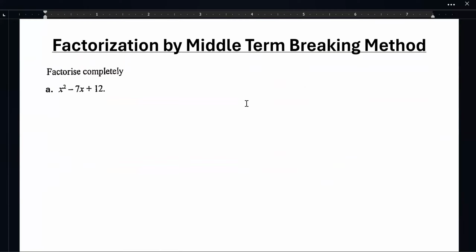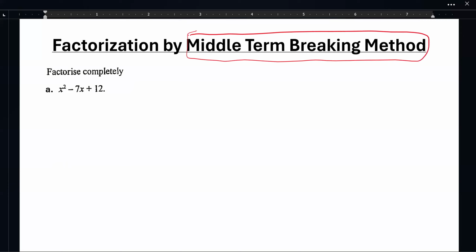So first thing first, whenever you find three terms, observe: do you see anything common here in all three terms? The answer is no. Nothing is common in all three terms. And what we do now, the method is called the middle term breaking method. It means we will break the middle term. So how can I break the middle term?